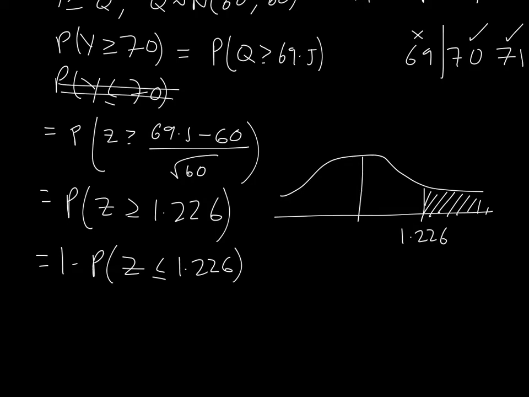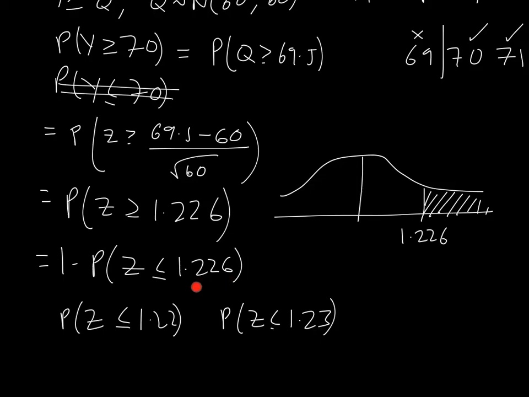Now, because in our normal distribution tables we've got the probability of Z less than or equal to 1.22 and the probability of Z less than or equal to 1.23, this falls somewhat in the middle.